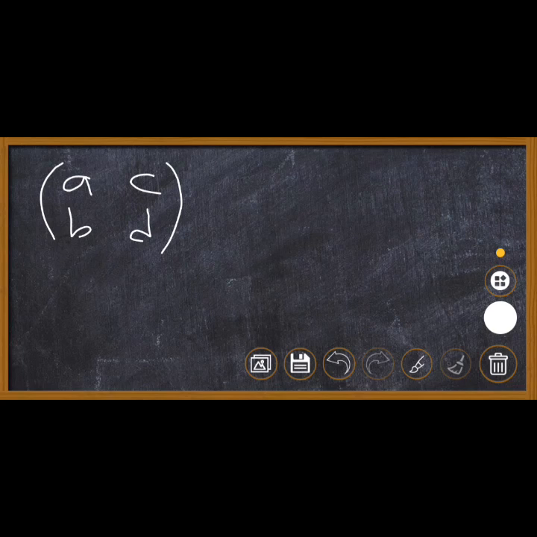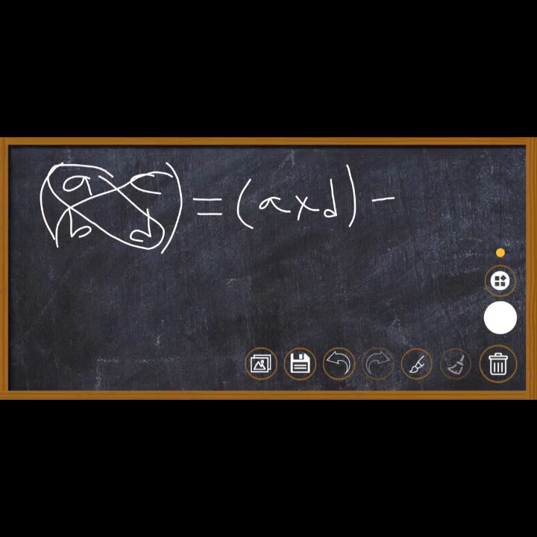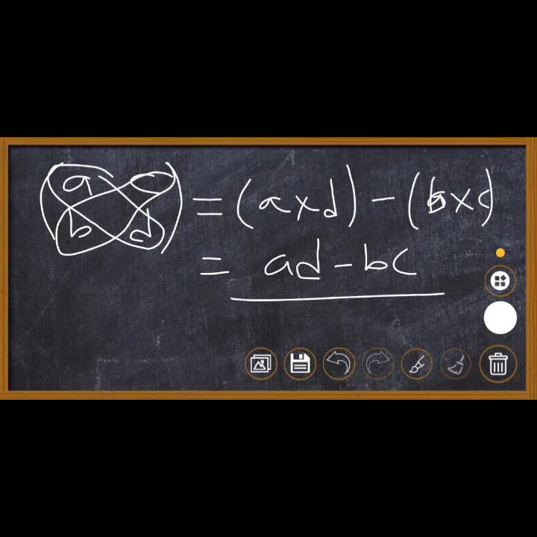To find the determinant of this, you multiply the major diagonal, which is A and D, and then you subtract the minor diagonal, which is B and C. So in this case, when you multiply this, we're going to have AD minus BC. Whatever value you find here is your determinant. So a determinant is found by multiplying the major diagonal and then subtracting the multiplication of the minor diagonal.